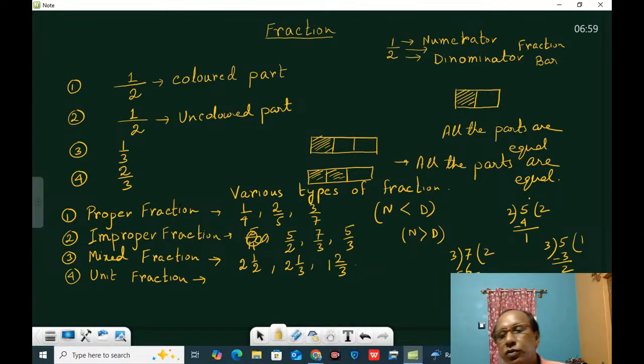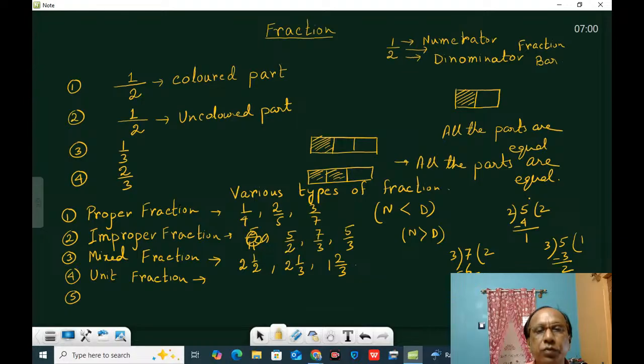Unit fractions are those fractions in which the numerator is one. There are various types of fractions, as I already told you, and these are the various types we are getting here.